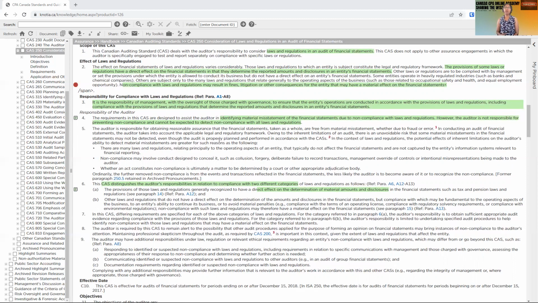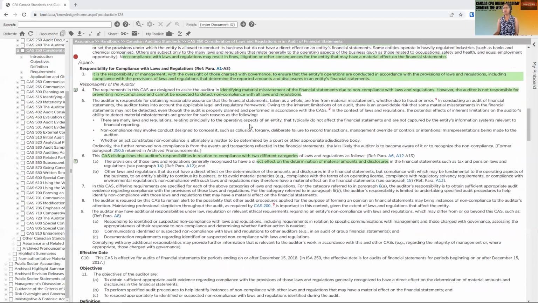Then it would be a material impact on the financial statements, and if it is not provided for, it could be a material misstatement. So that is why the auditors have to check both compliance and non-compliance: whether it is compliant, and if not, what the implications are. Both sides the auditor has to check.